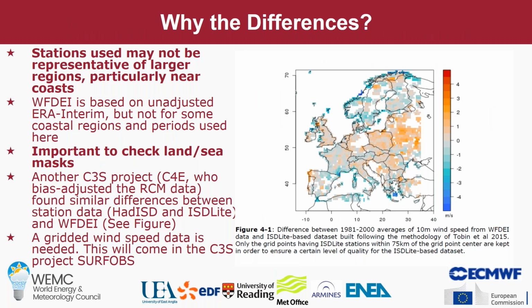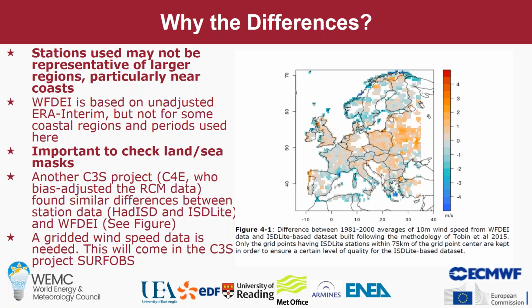So we've discussed a lot of these differences. They've been found by another project, one of the C3S projects called Climate for Energy. And although WFDEI is not adjusting ERA Interim, there are differences that we were surprised to find, and a lot of these relate to the definition of the land-sea boundaries and the masks around countries.